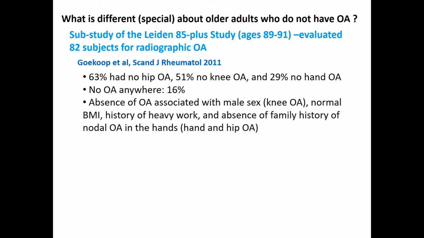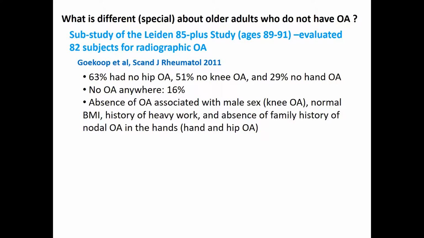In this particular study, of the people that were 85 plus, 63% had no hip OA, 51% had no knee OA, 29% had no hand OA, and 16% had no OA anywhere. The absence of osteoarthritis, surprisingly, was associated with males, particularly for knee OA. Not totally surprisingly, because knee OA is more common in women.